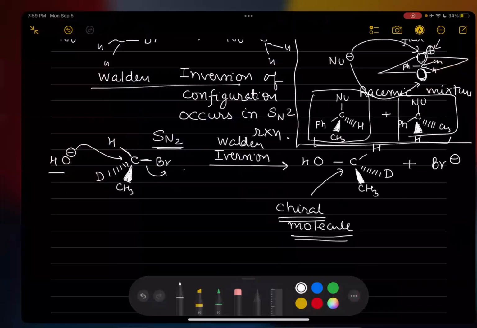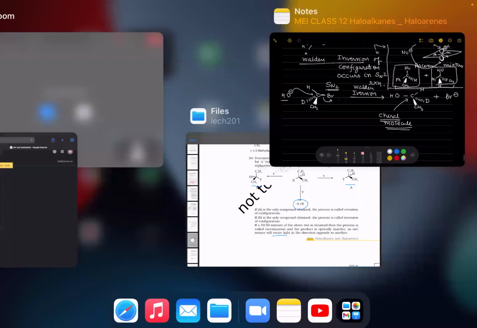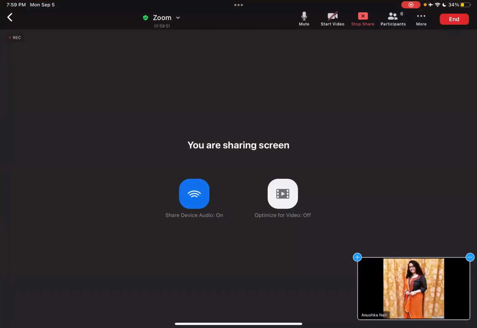Sir, could you just say the meaning of racemic mixture again? Racemic mixture is an equimolar mixture of two enantiomers. An equimolar mixture of two non-superimposable mirror image isomers is known as a racemic mixture.